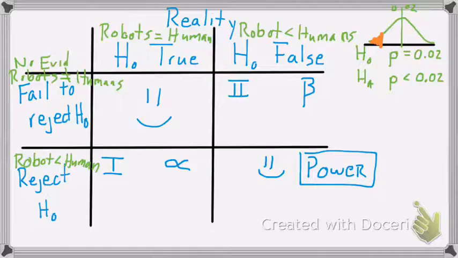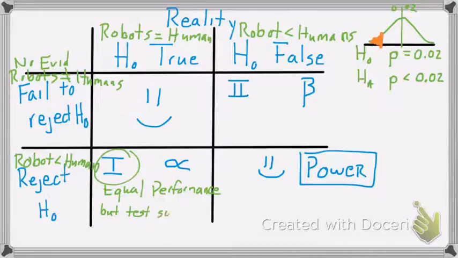So now as we look at type 1 and type 2 error. Type 1 error here in the context of the problem would mean that robots and humans really perform at the same level. So they have equal performance in reality, but your test suggests that robots are better.